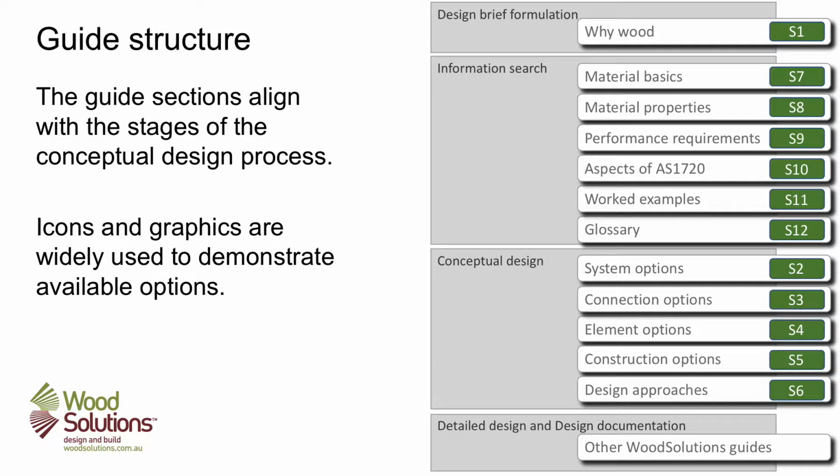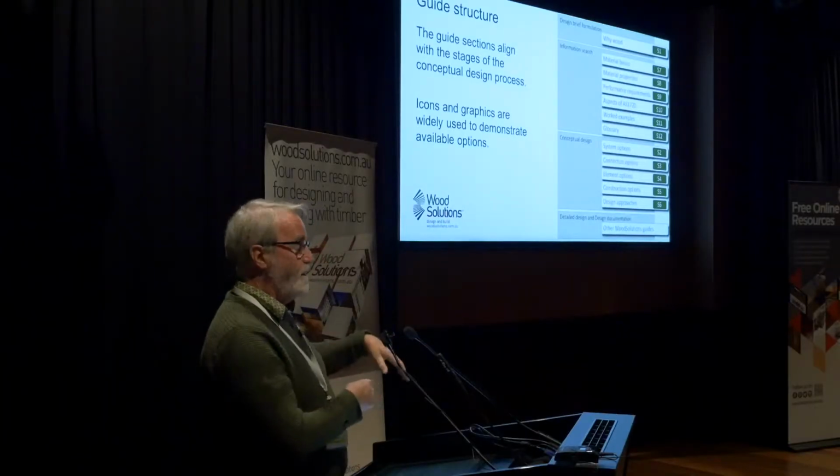So the guide's broken up into a range of sections, and the sections are aligned with the stages of the conceptual design process. So you start off with brief formulation, you work through to the information search, all the things that you need to understand as you seek to develop a solution. There are then conceptual design stages, and then detailed design and documentation are recognised.